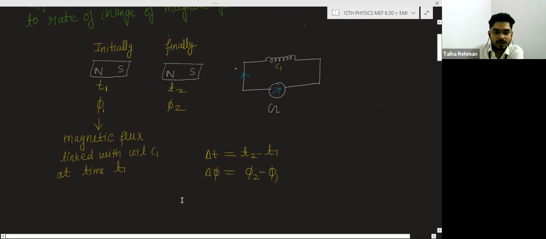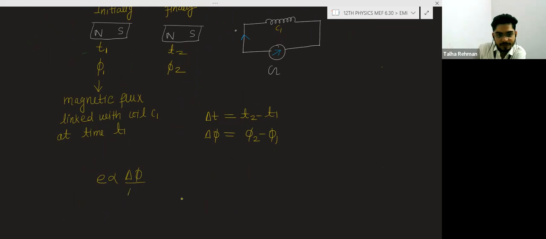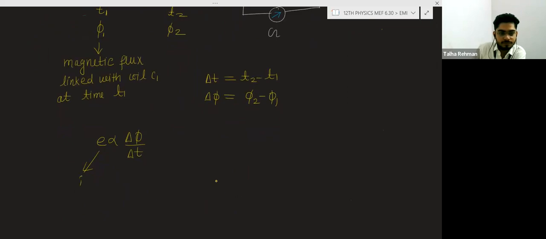According to the Faraday law, the induced EMF in this coil is directly proportional to delta phi by delta t. What is this E? Induced EMF.